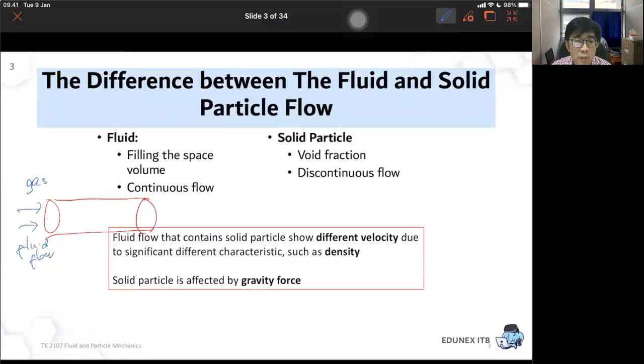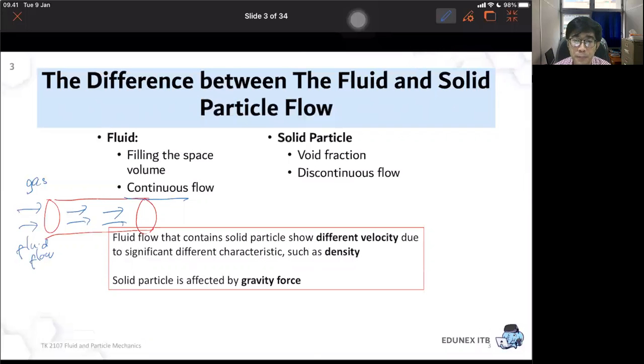So the gas will be filling the space volume, and you can say that the flow will be continuous if there is no particles inside the pipe. The gas or the liquid will be smoothly flowing.